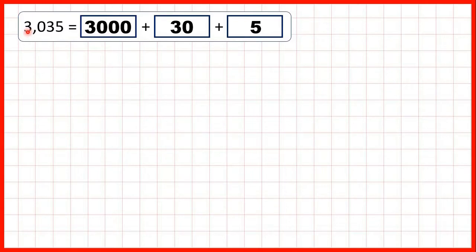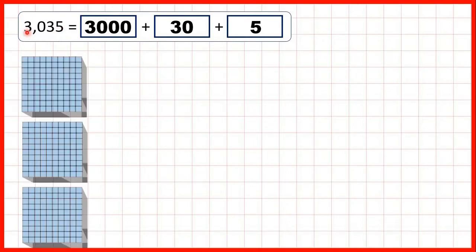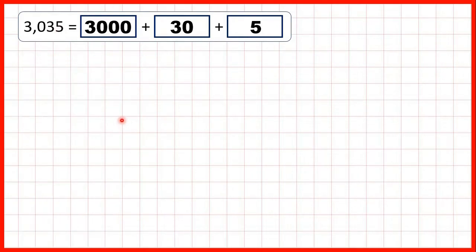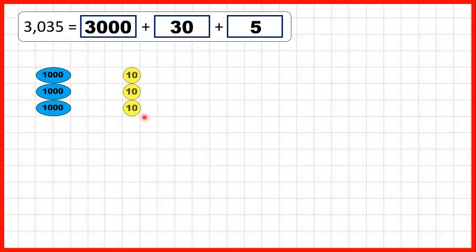Then we had 3,035. So using base 10 blocks, we can show 3 thousands. We don't show any hundreds, we show 3 tens and 5 ones. Or using place value counters, there's 3 thousands, no hundreds, 3 tens and 5 ones.